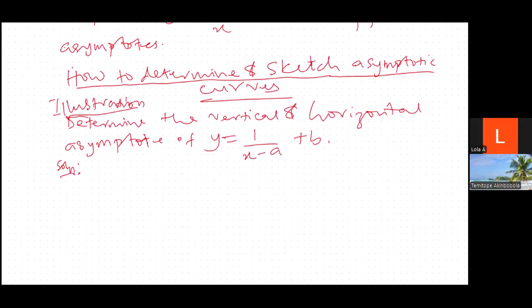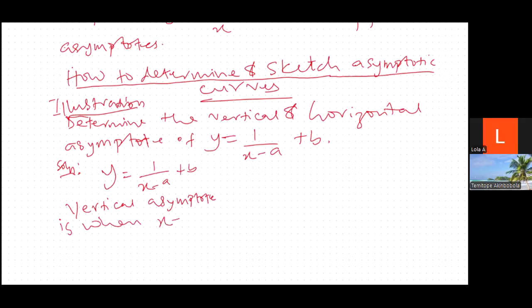Okay, done, sir. Okay. The solution: y equals 1 over x minus a, plus b. Now, the vertical asymptote is when x minus a equals 0.